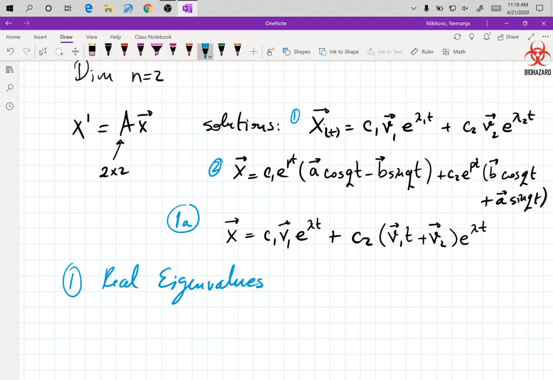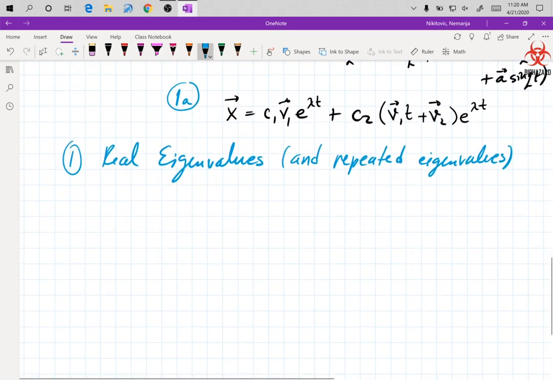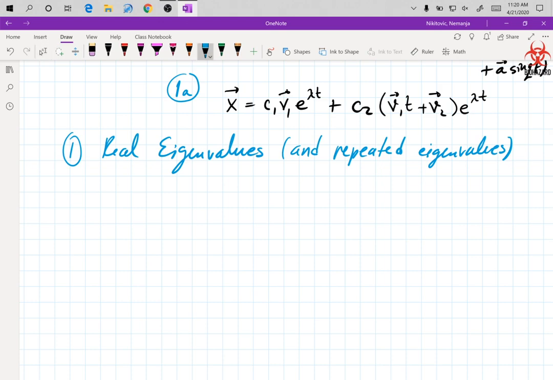So real eigenvalues and repeated. There we go. So both of them in the same. And we have categories for these. So the real eigenvalues, so distinct, versus repeated.